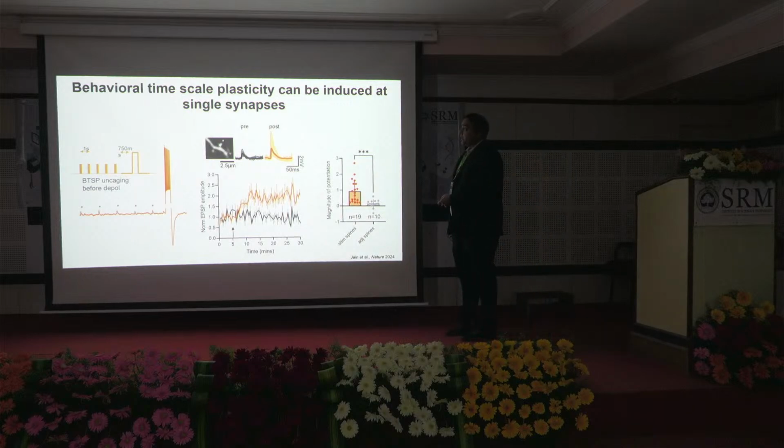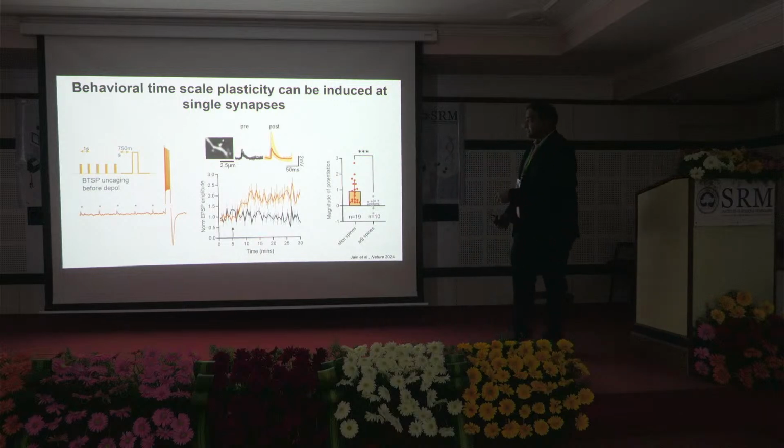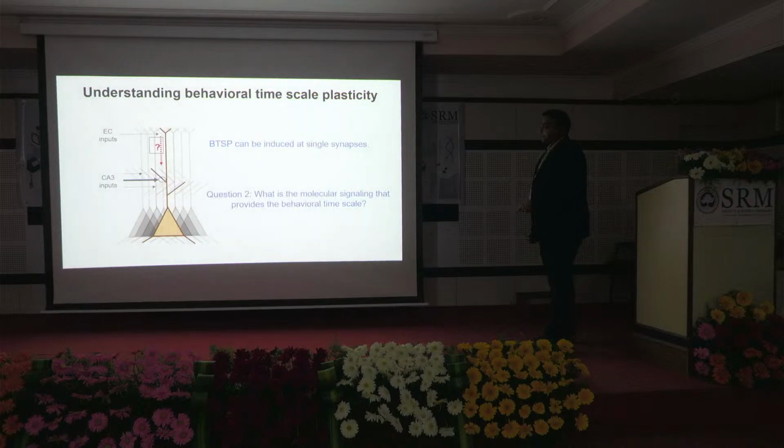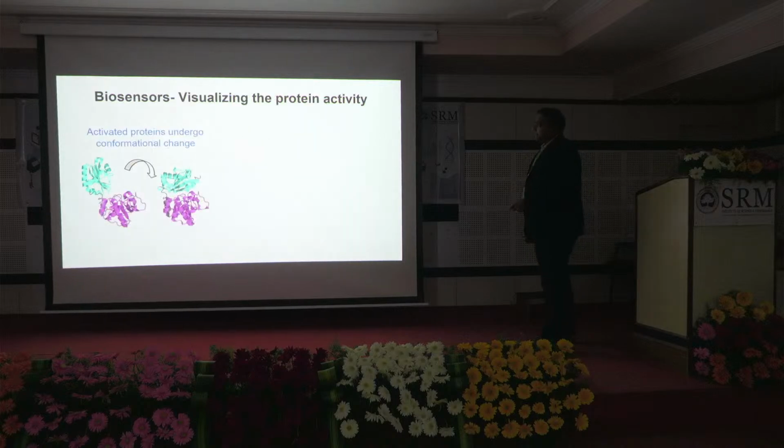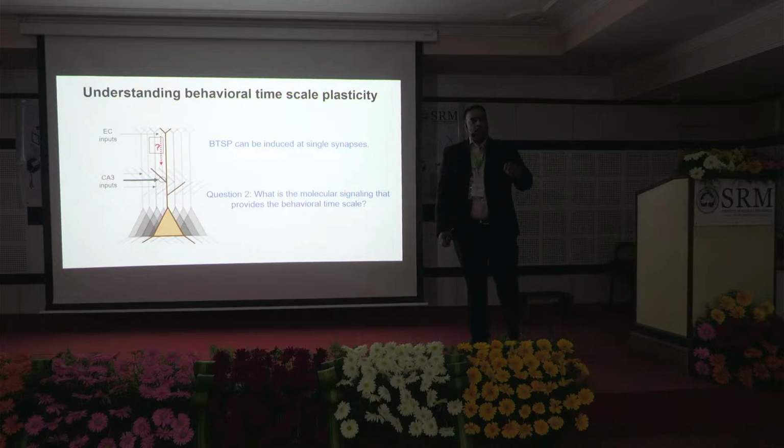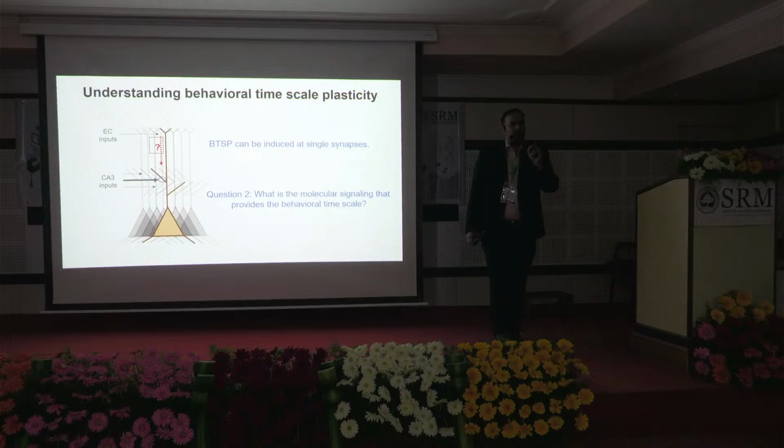What we found is, even though qualitatively speaking we have a plasticity which is very similar, when we went and understood the molecular signaling that underlies this plasticity, which is behaviorally relevant, we saw something different. Now, to understand molecules, we have found different ways of studying molecular signaling, right?